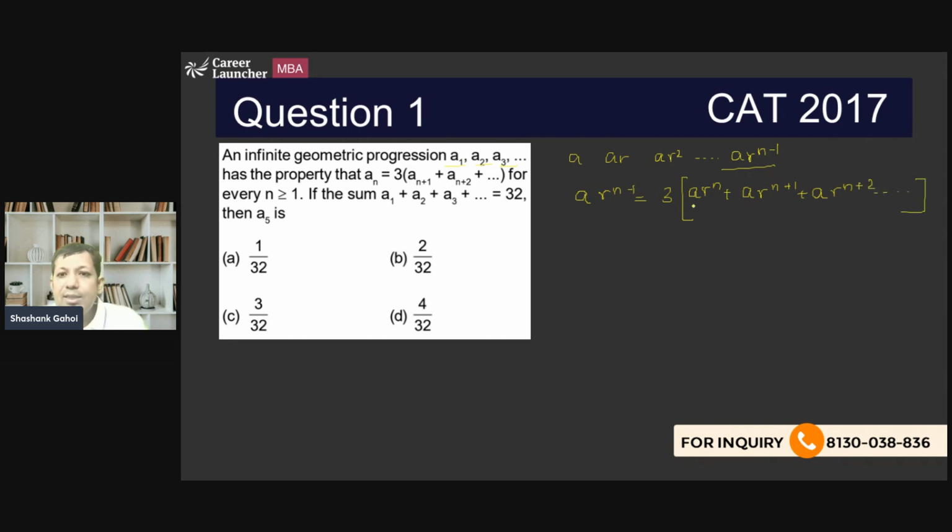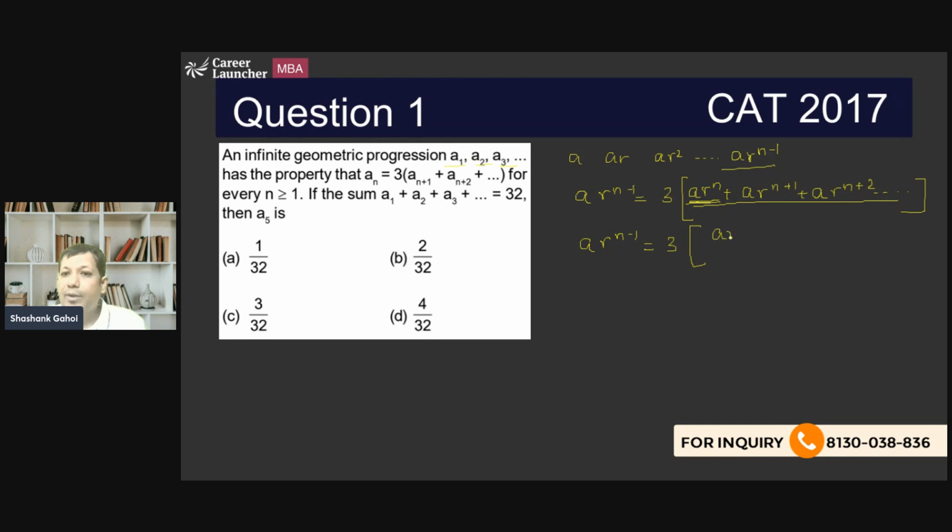So if you see, this is a GP. What is the sum of an infinite GP? That is equal to A upon 1 minus R, where A is the first term. So what is the first term over here?